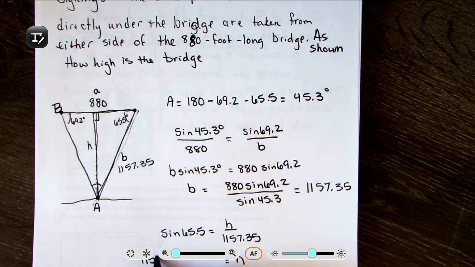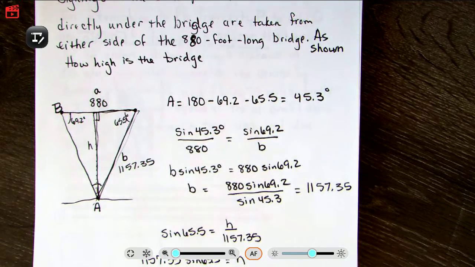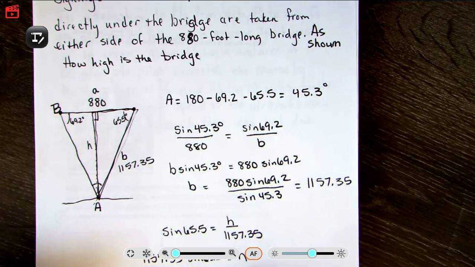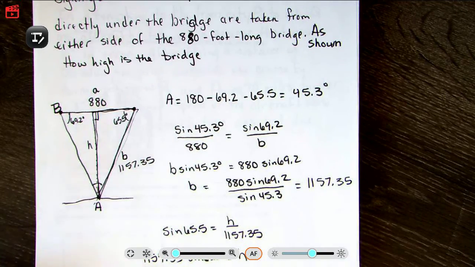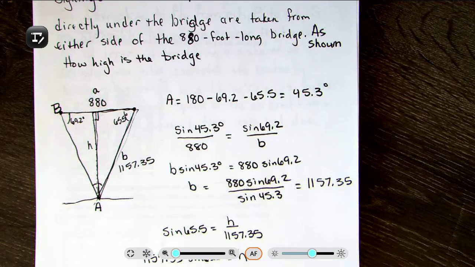So I will just take that decimal piece and multiply it by the sine of 65.5. And I can find that the height is about 1053.147, and that would be feet. So that's quite a long way.